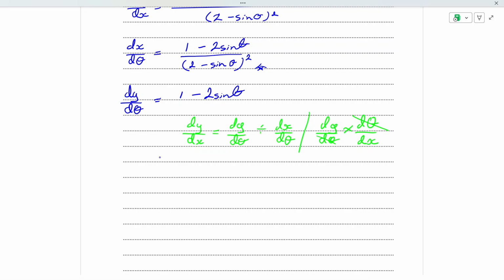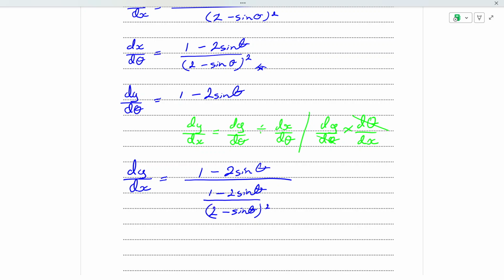So in this case, I'm just going to divide. Okay. So we have dy/dx is equal to dy/d theta divided by dx/d theta, which is (1 minus 2 sine theta) over (2 minus sine theta) squared, like that. Then these two will cancel out.